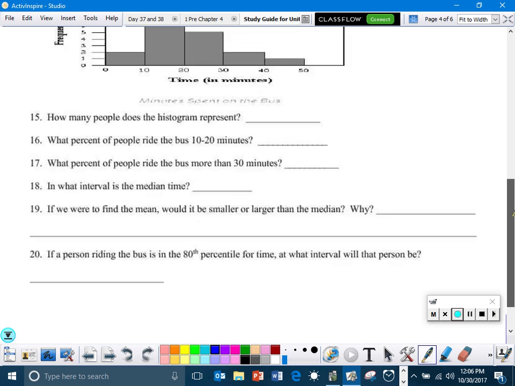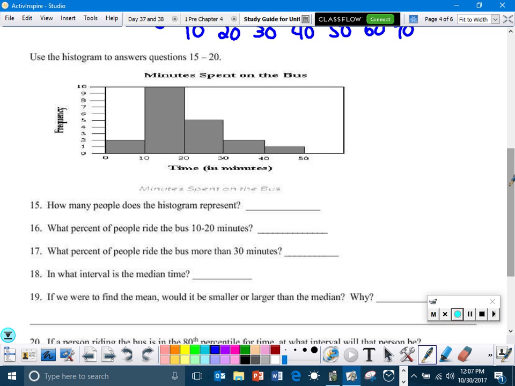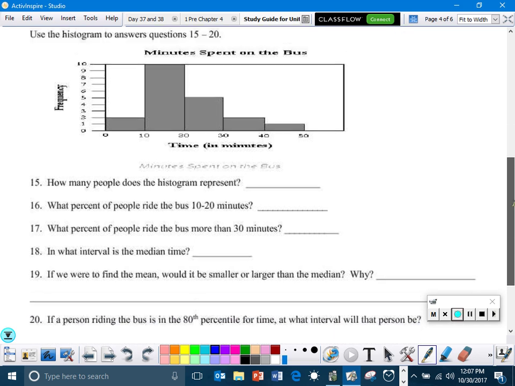Okay, so this histogram is showing minutes spent on the bus. How many people does the histogram represent? Well, the first thing I would do is go and label my bars. So there's 2 people here. There's 10 people here.